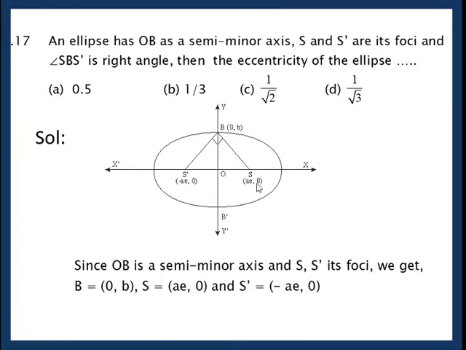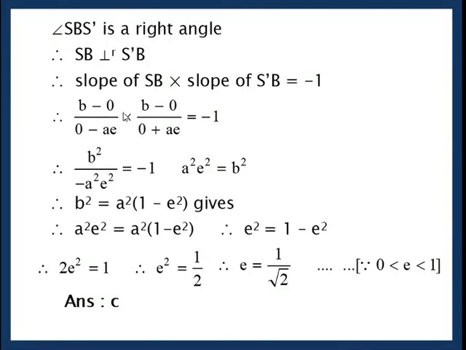What is focus S? (ae, 0). S' is (−ae, 0). What is B here? (0, b). Now what is slope? It is the difference in y coordinates upon the difference in x coordinates. So this gives me a²e² equal to b².